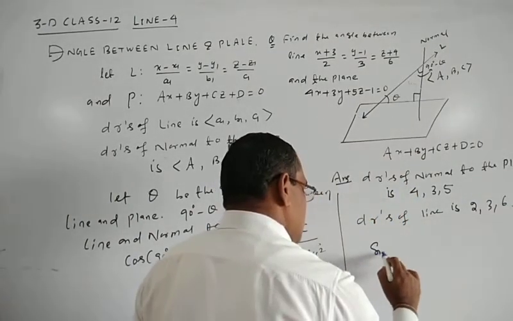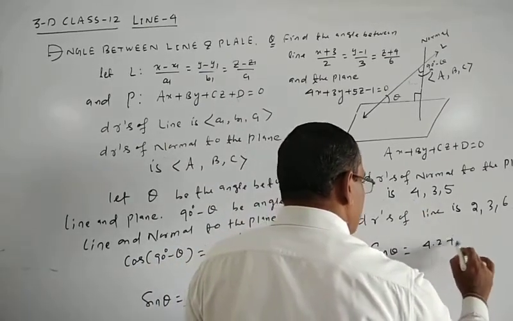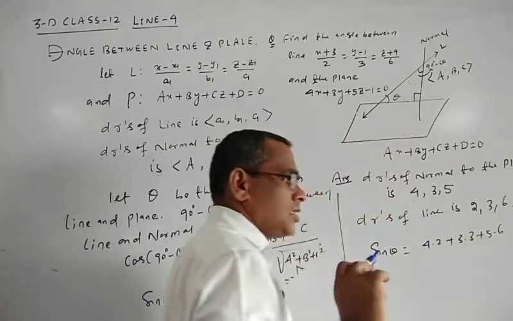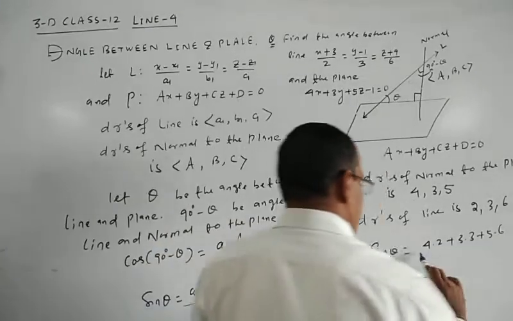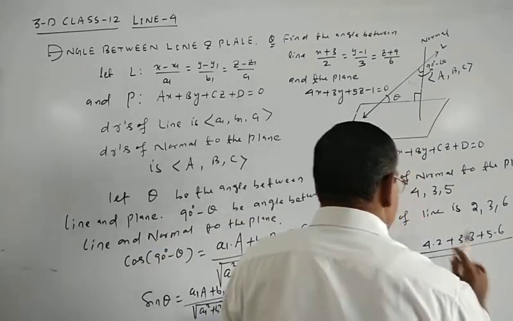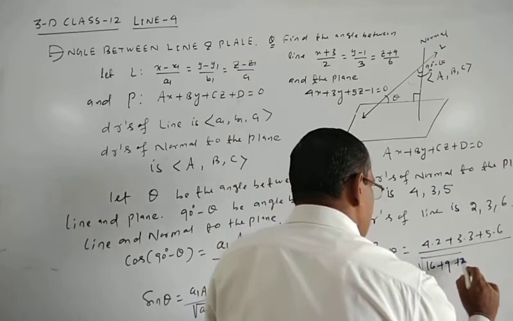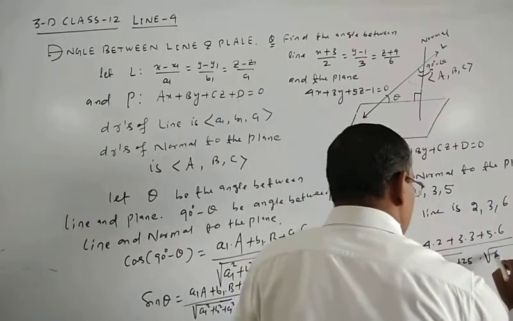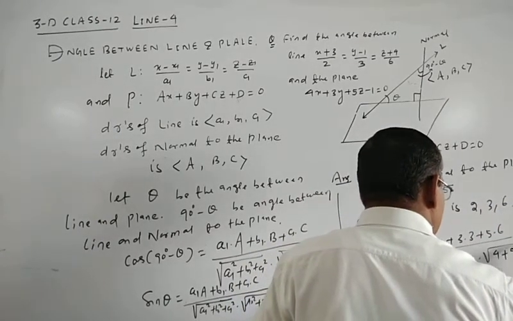So sin theta is equal to (4 into 2 plus 3 into 3 plus 5 into 6), that is a1 a2 plus b1 b2 plus c1 c2, by root of (4 square plus 3 square plus 5 square) into root of (2 square plus 3 square plus 6 square, that is 36).